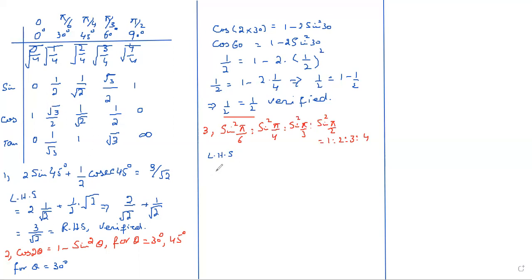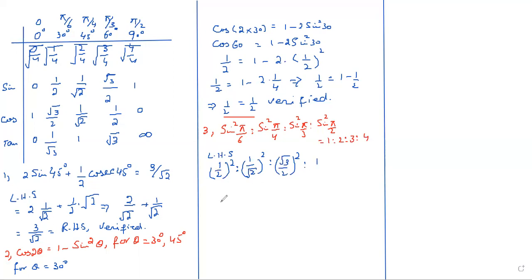Sine pi by 4 is 1 over root 2, this is the ratio sine, so (1 over root 2) square. And sine pi by 3 is root 3 over 2, (root 3 over 2) square. And the last but not the least is 1.